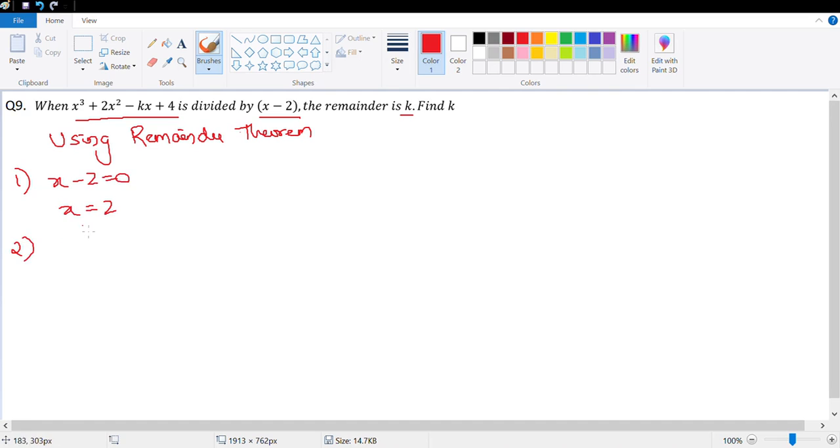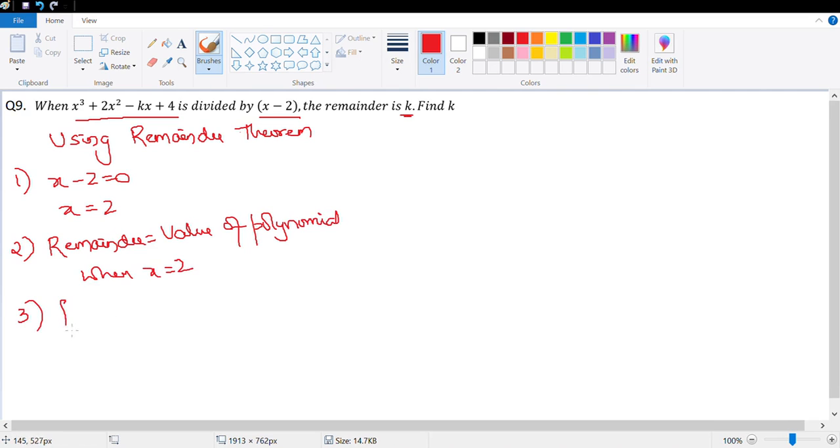Now the remainder will be the value of the polynomial when x is equal to 2, and the remainder is given equal to k. So remainder is equal to value of polynomial when x is equal to 2.